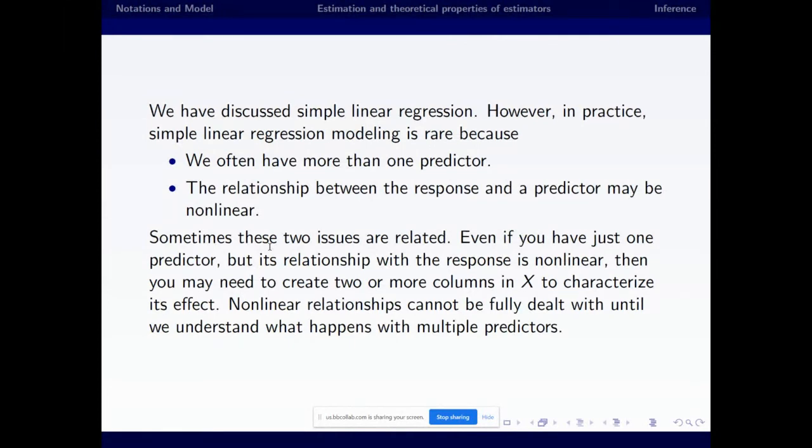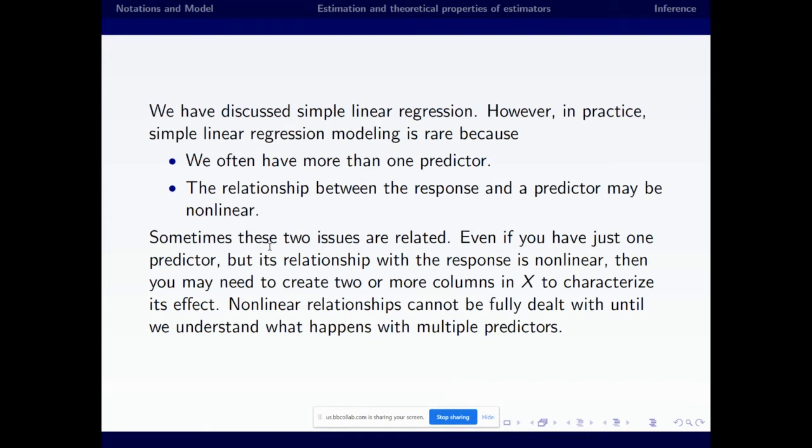The model can still be a linear combination, but the predictor may not be the original scalar predictor itself; it may be the square of the predictor, or the square root of the predictor, and etc. Sometimes these two issues are related.